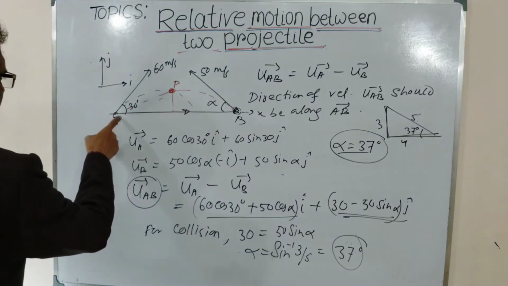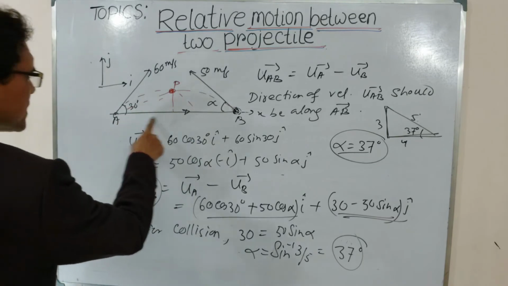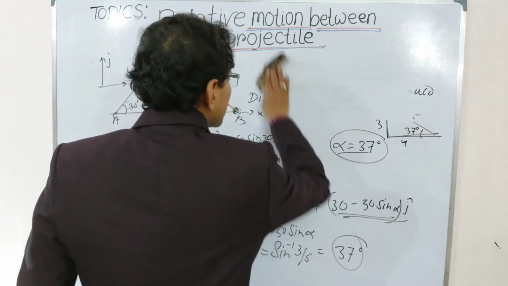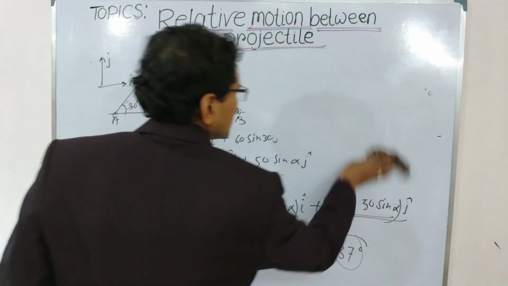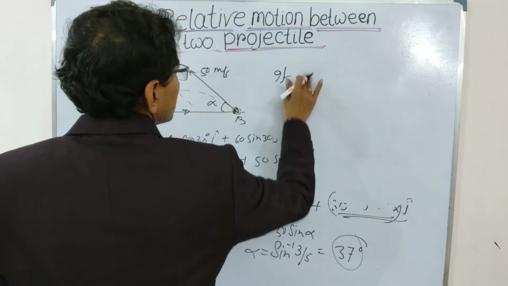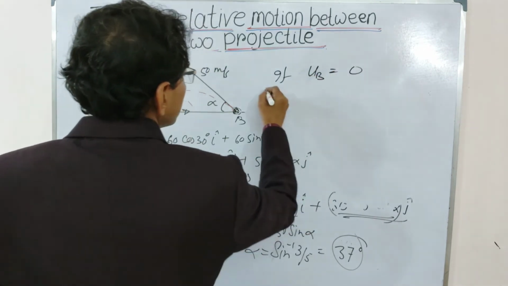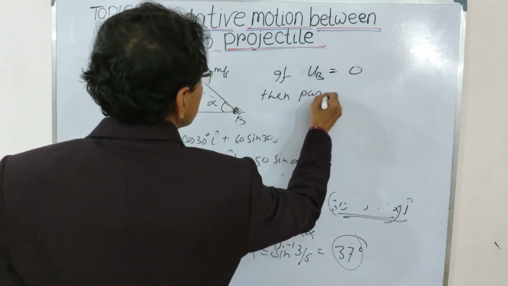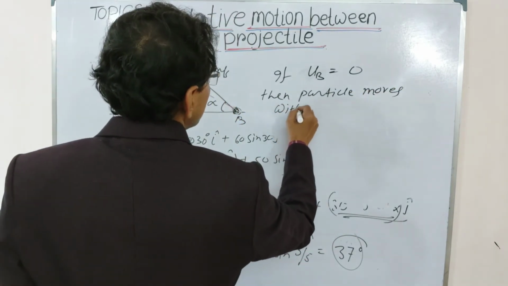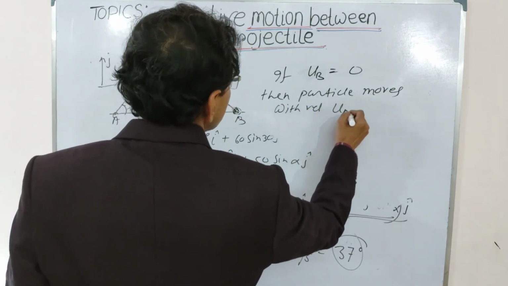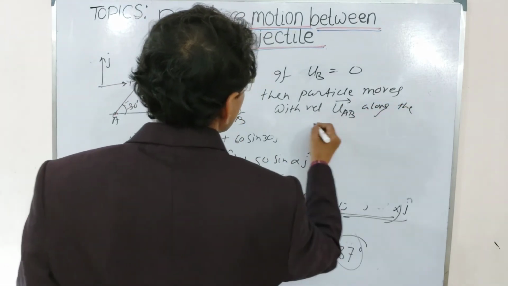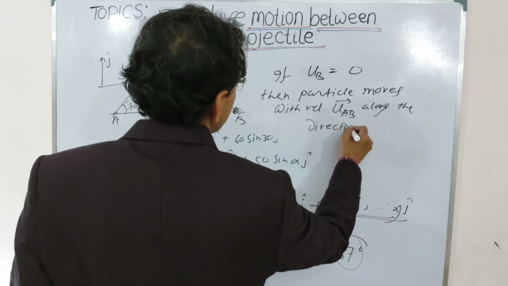Now particle A moves with velocity UAB along the direction of AB.